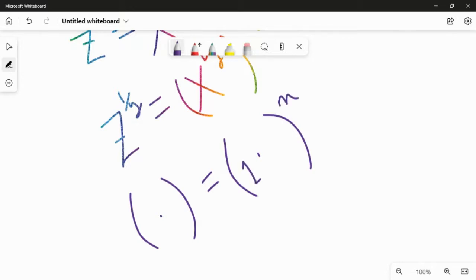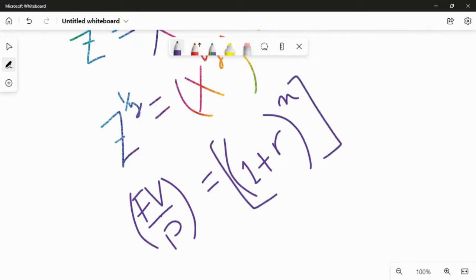I just don't want to write it every time. This is FV over P. To open the padlock is n. To open it, we'll have to raise it to 1 over n, right? And we'll need to do the same thing to the left-hand side, right?